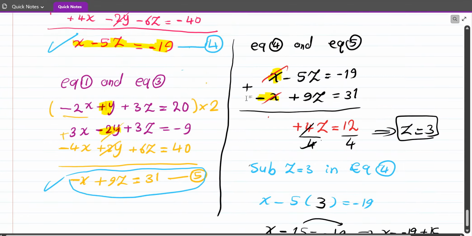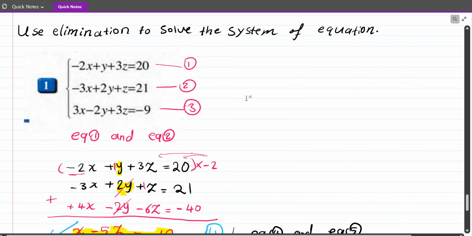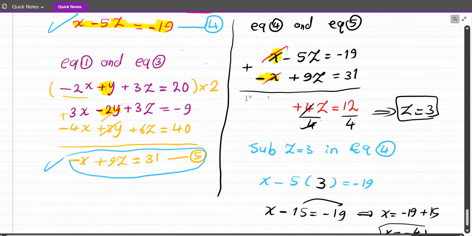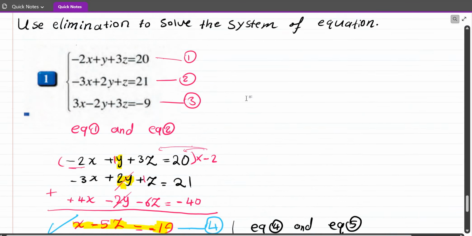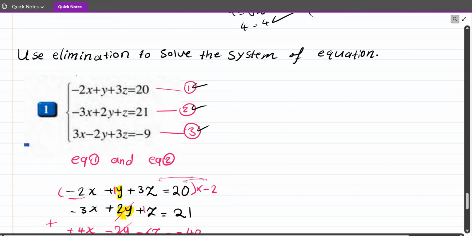So I found x equals negative 4 and z equals 3. I need to go back to the first three equations in order to find y. So z is 3 and x is negative 4. Pick any equation, equation 1, 2, or 3. Any equation you can substitute your values.